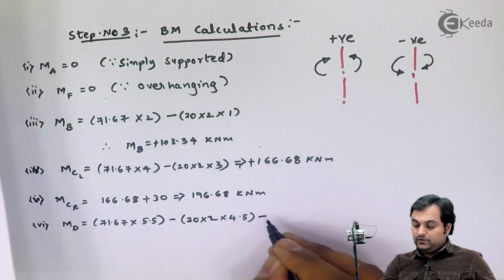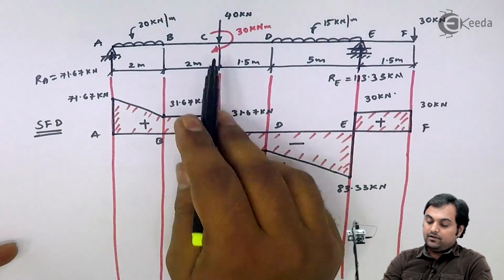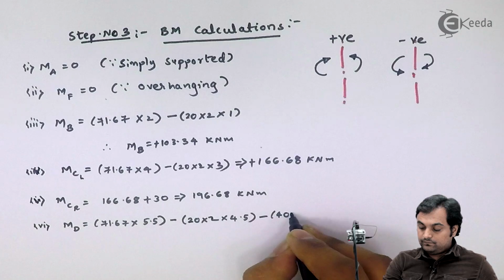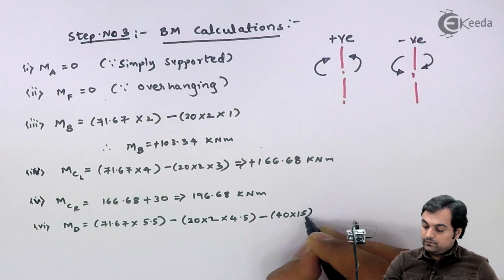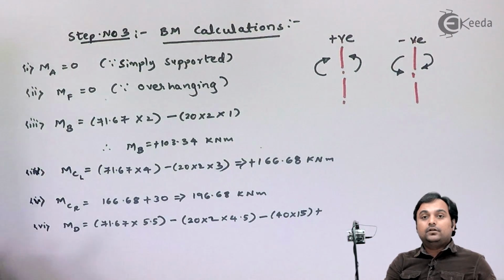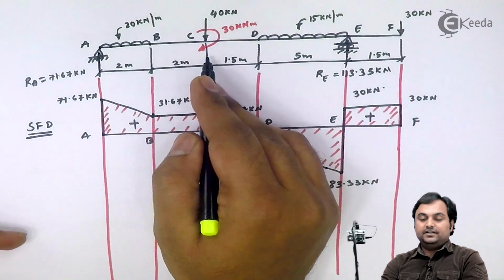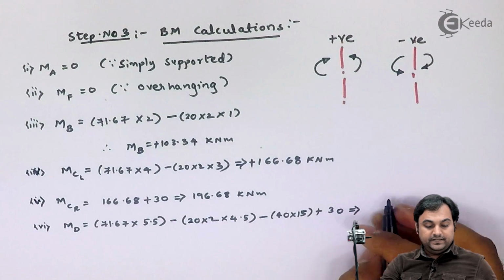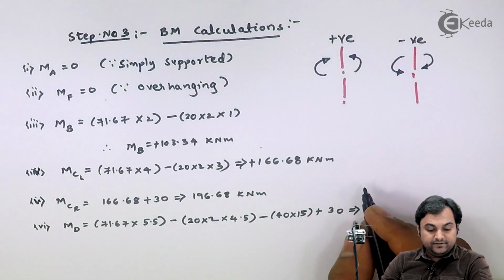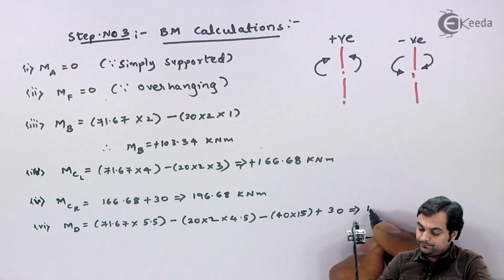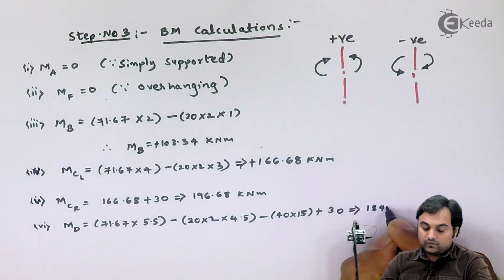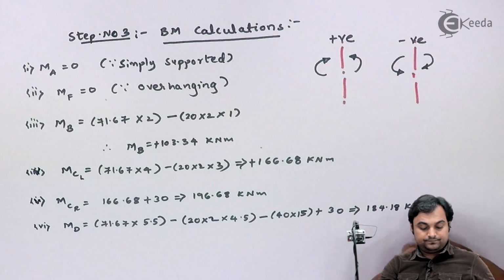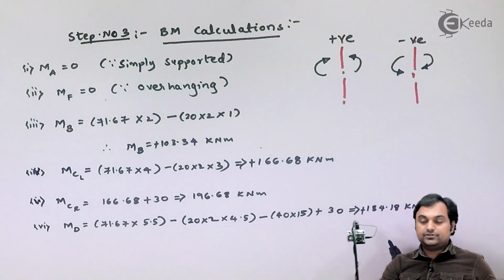Next, minus 40 into 1.5, plus 30 kilonewton meter, which is acting in clockwise direction at point C. So I get the answer of moment at D as 184.18 kilonewton meter. Again, this answer is also positive.